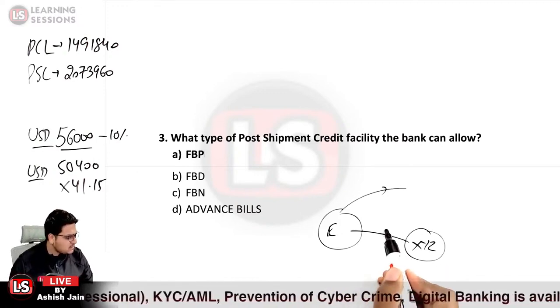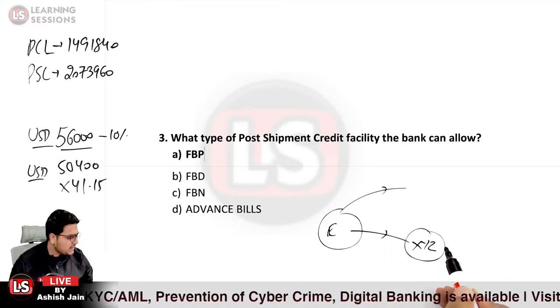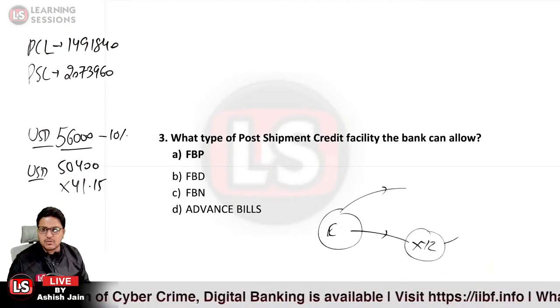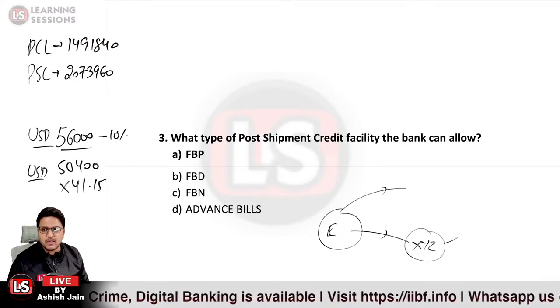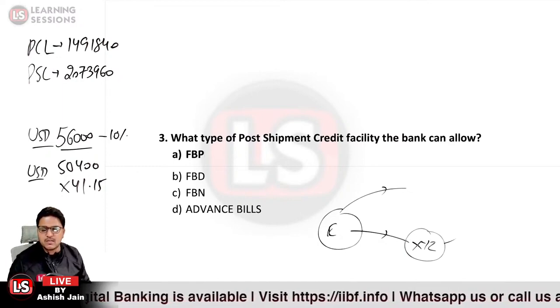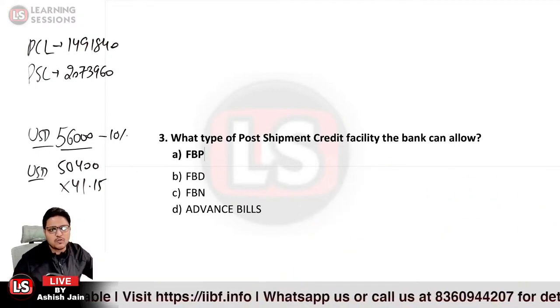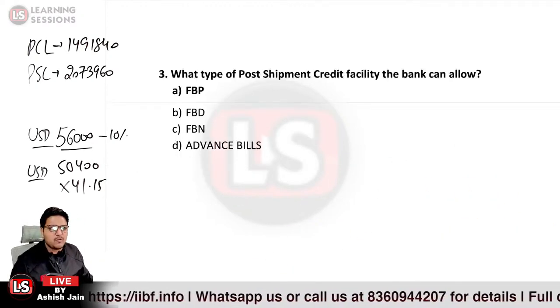The bank will be purchasing these documents and presenting them to the importer so as to get the payment. Option A is the right answer because it is related to the sight LC. Let's move to the next question.